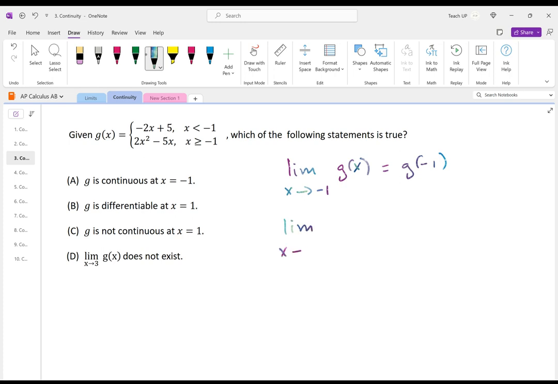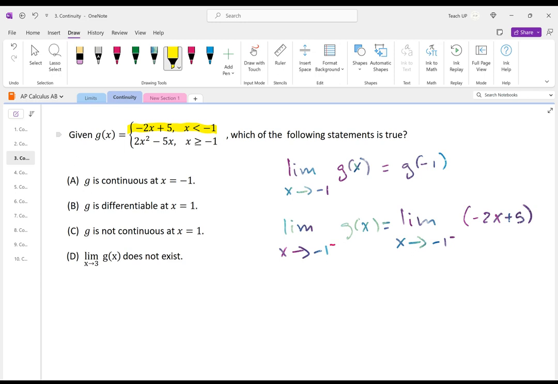The limit as x approaches negative 1 from the left-hand side of this function g of x is going to be equal to the limit as x approaches negative 1 from the left of negative 2x plus 5, because for those values to the left of negative 1, that are less than negative 1, the function is defined to be this linear function.